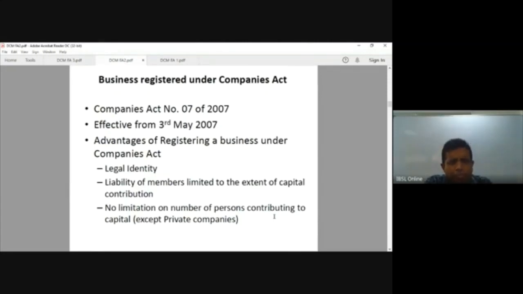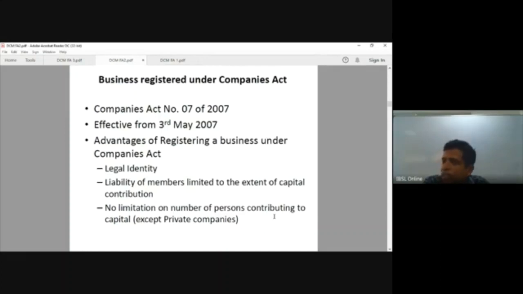Currently, companies are governed by the Companies Act No. 7 of 2007, and it came into effect on 3rd May 2007. If you compare with the partnership and sole proprietorship, the benefits and advantages we can gain by having a company: the first point is that there is a legal entity.